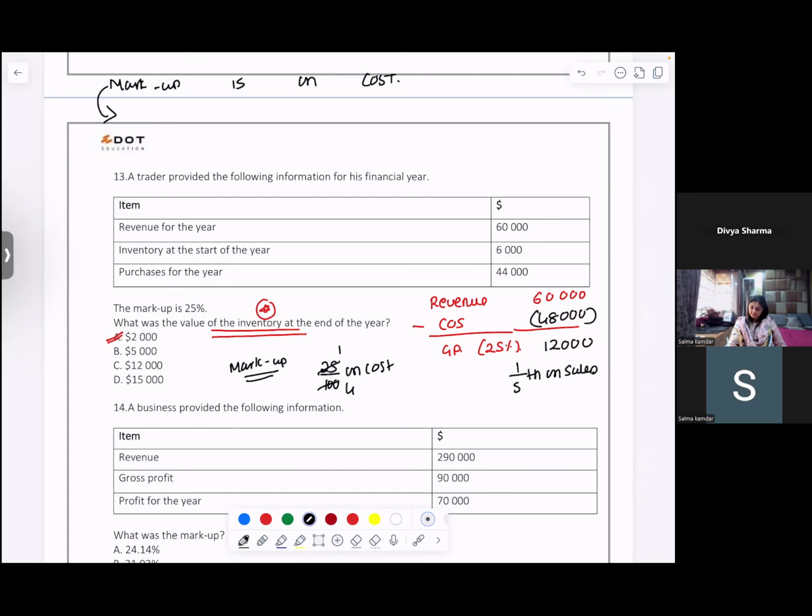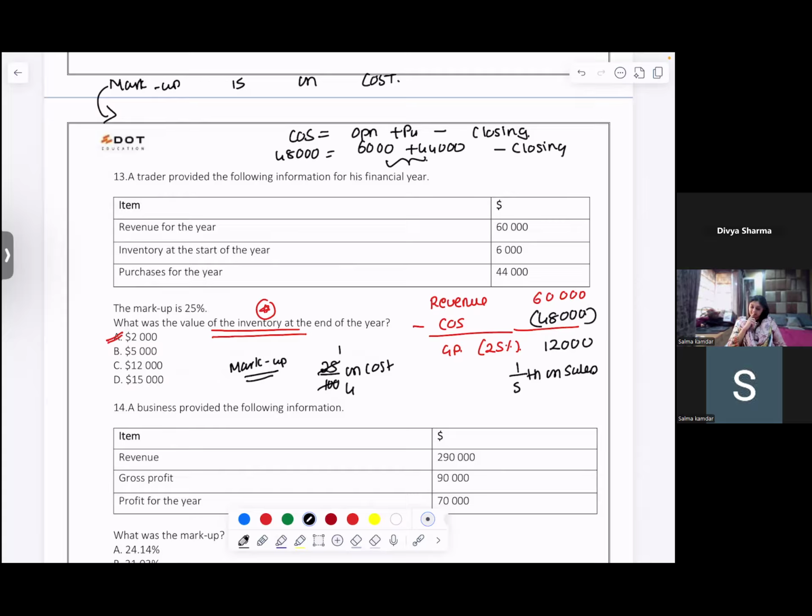Then we'll write cost of sales is opening plus purchases minus closing. Cost of sales is 48,000. Opening inventory is 6,000, purchases is 44,000, and minus closing inventory.